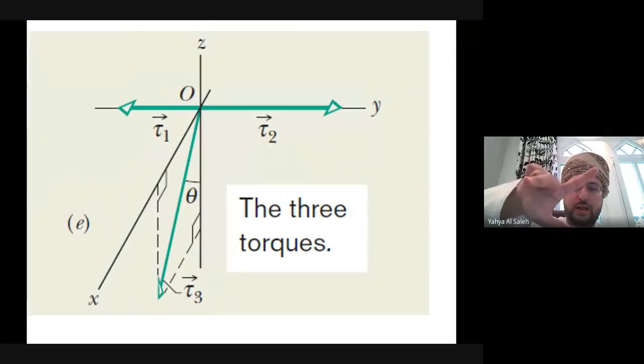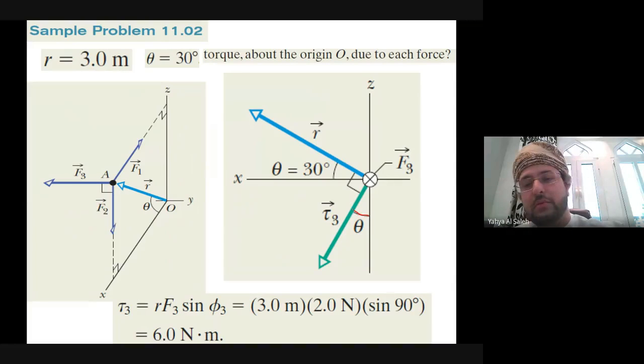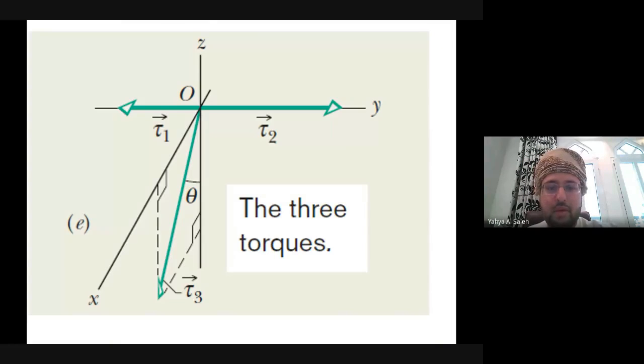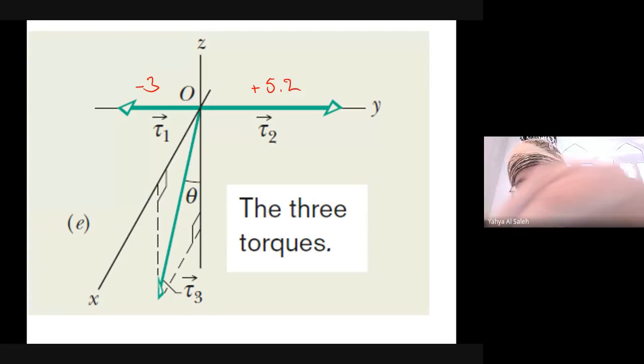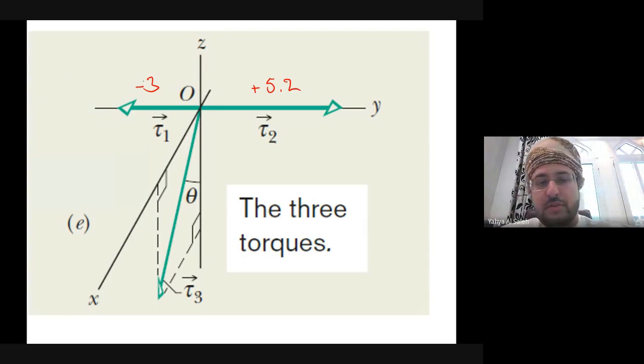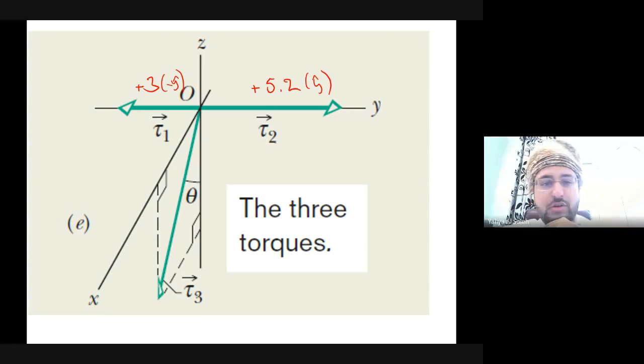It goes at a weird angle. Okay, it goes at this angle theta down, at 90 degrees to R. So these are my three torques. Okay, I end up having -3 here, plus 5.2 here. So this is 3 in the minus y direction, 5.2 in the plus y direction.